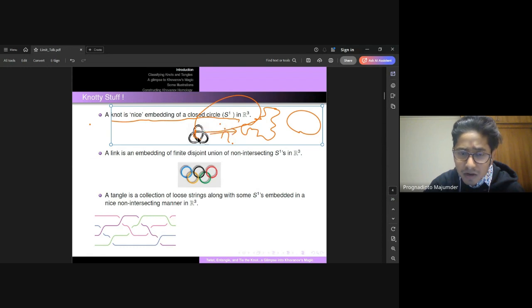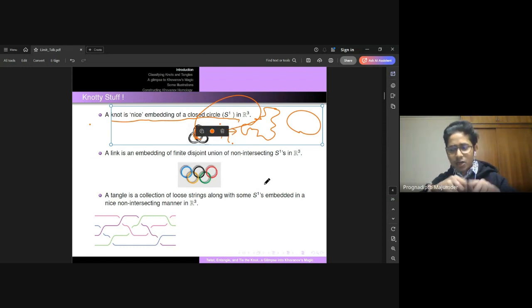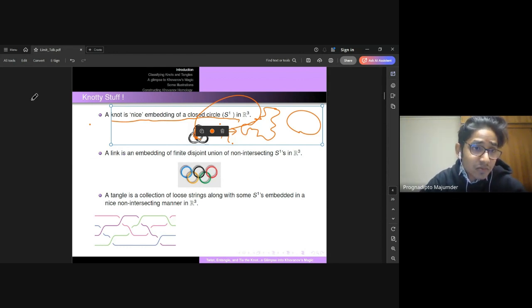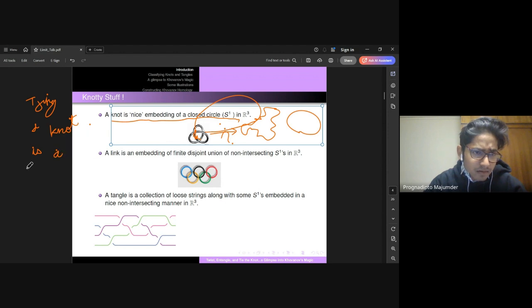You take a rope, the way you tie knots in day-to-day life, the same way you do that. So that gives a continuous map. Let me write it down. Tying a knot is a continuous map.